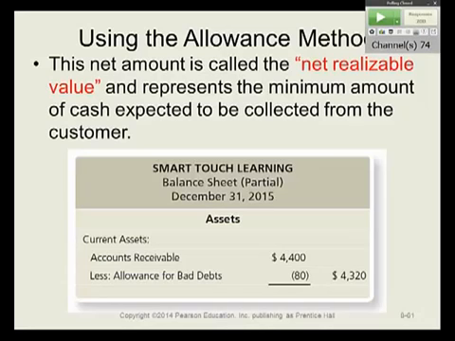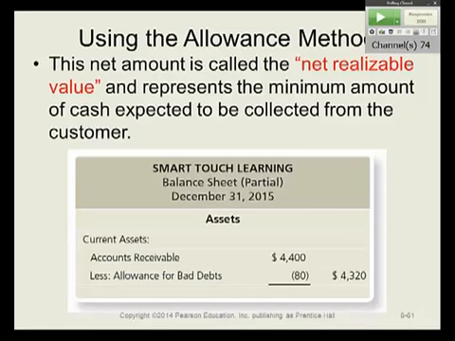So in this example, the receivables were 4,400 and the allowance was 80. And what could happen is that this could be totally too much or too little.